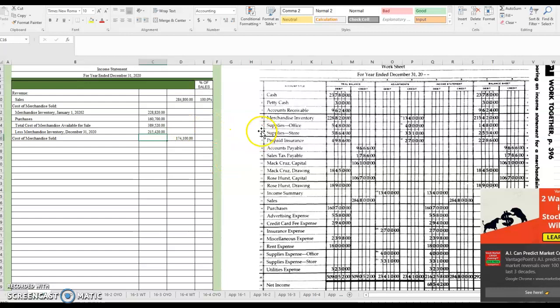And I'm going to calculate the percentage, so I'm going to divide 174,100 by 284,800, and the answer would be 61.1%. And then the next amount I'm going to have is going to be called gross profit on sales.